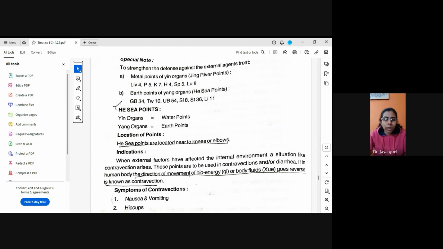These points are usually located near the knee or the elbow. Knee in the leg and elbow in the arm. The yin organ water point is the He Sea point, and the yang organ earth point is the He Sea point.